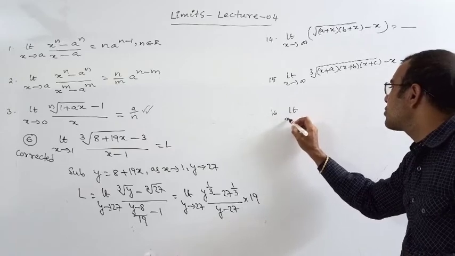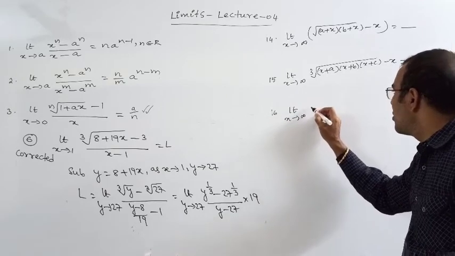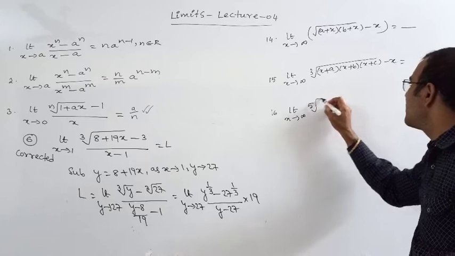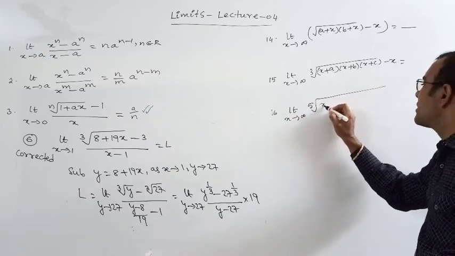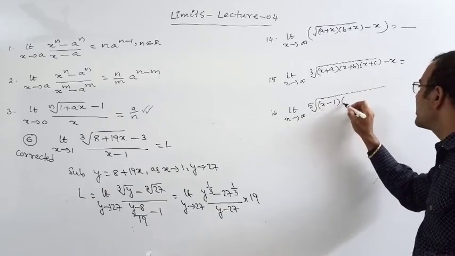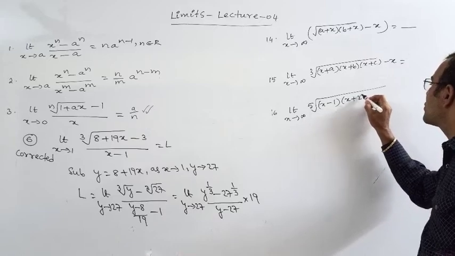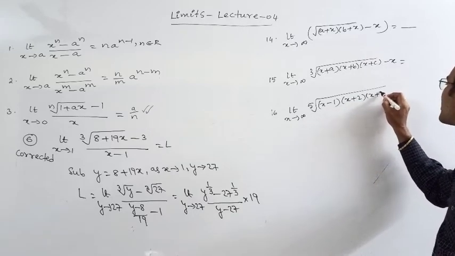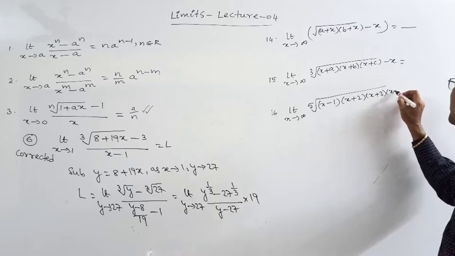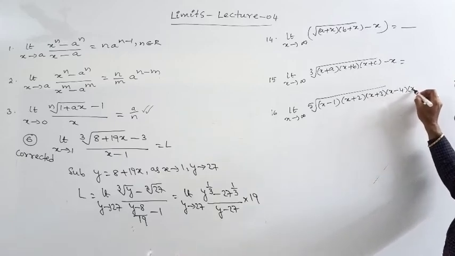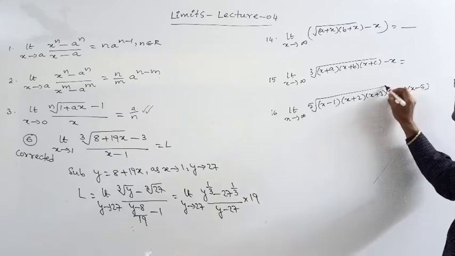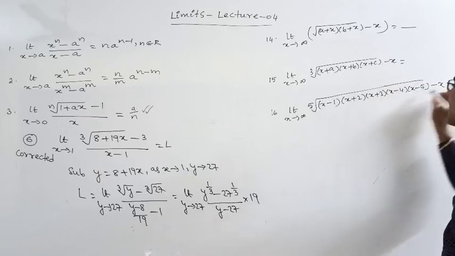Limit x tends to infinity, fifth root of, I will give you a numerical example, x minus 1 into x plus 2 into x plus 3 into x minus 4 into x minus 5, minus x, equal to dash.